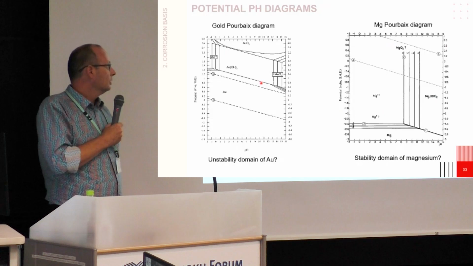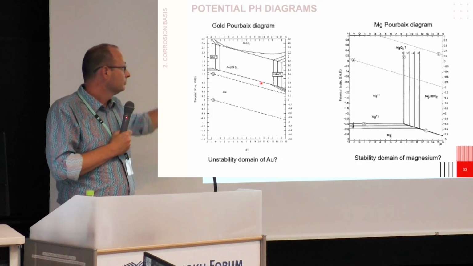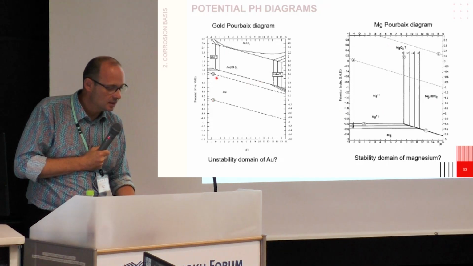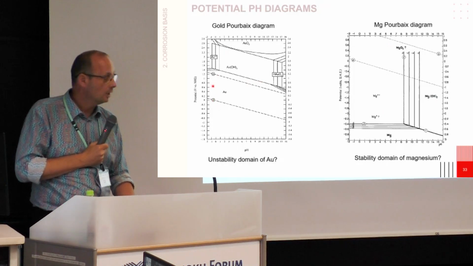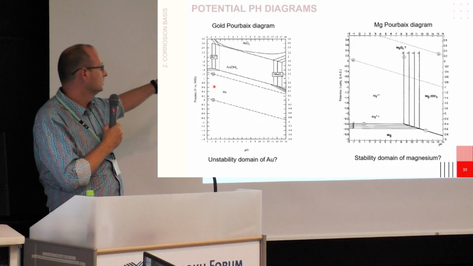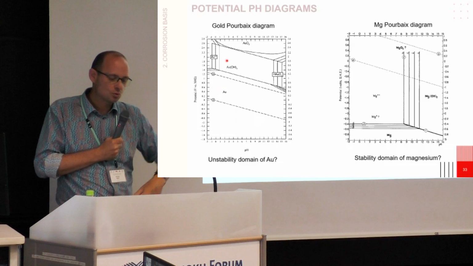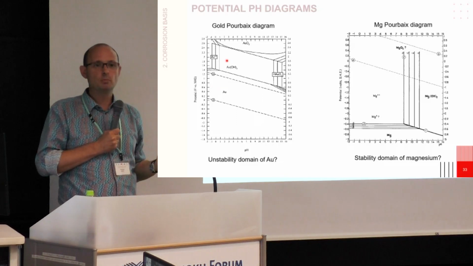I said that gold is very stable in water. Let's just check. So water stability is here. You can see that according to the Pourbaix diagram, to become unstable, you would have to strongly increase the potential.